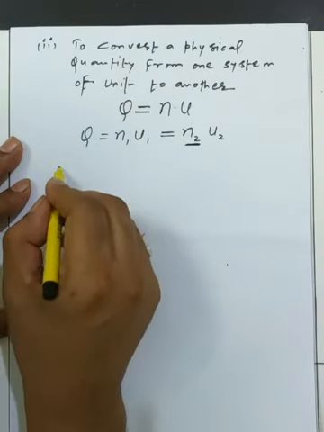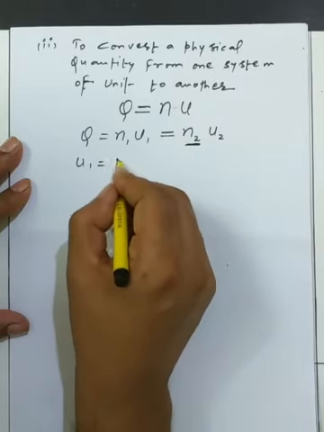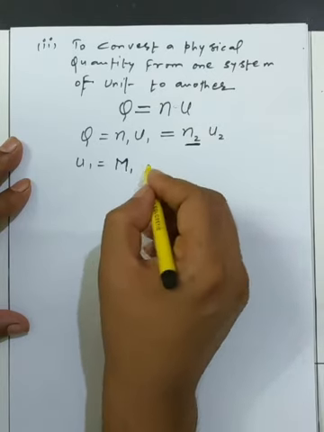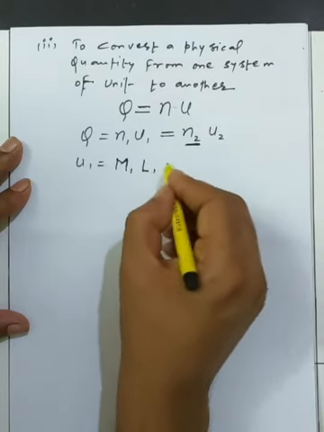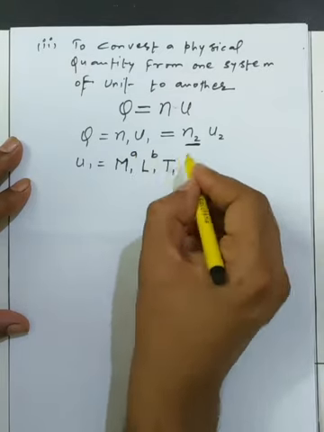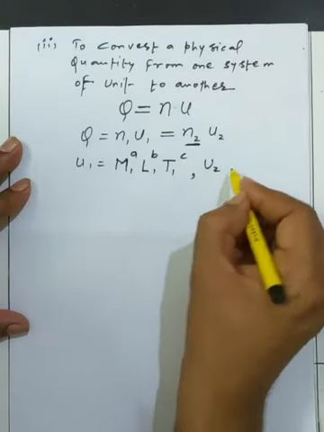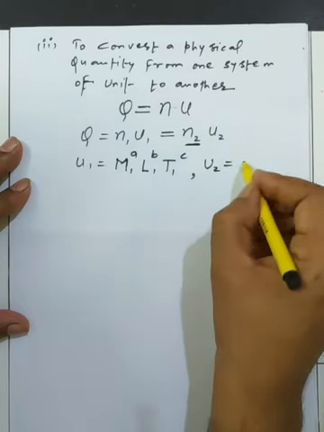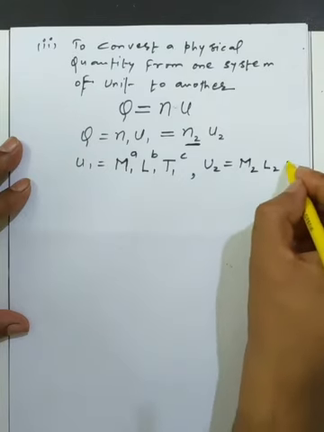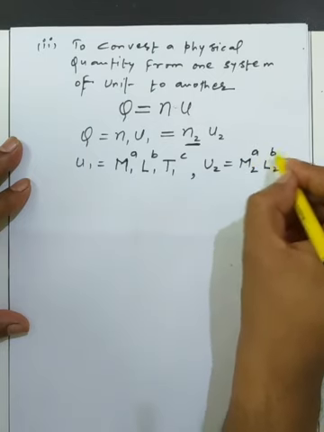I write u1 in terms of the base units M1, L1 and T1 with the powers a, b and c as its dimensions. Similarly, we can write u2, the unit in the other system, in terms of base units M2, L2 and T2, with the powers a, b and c.